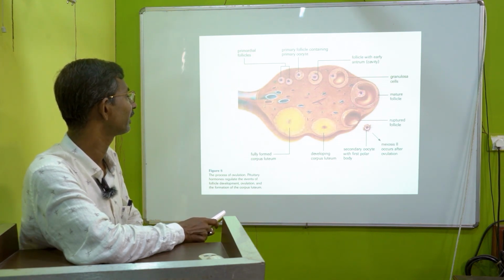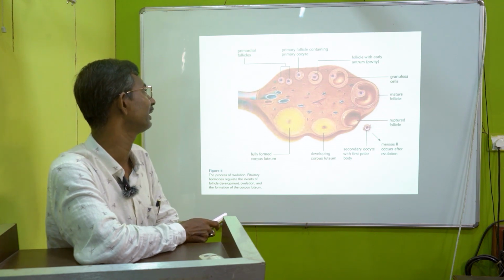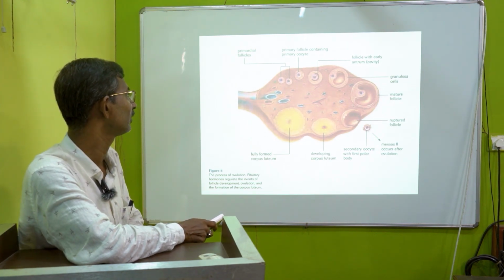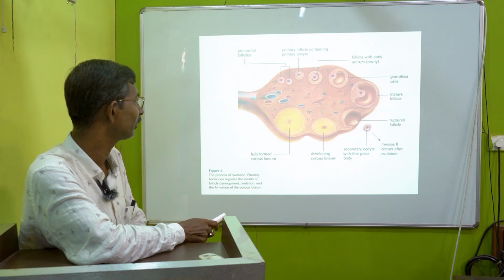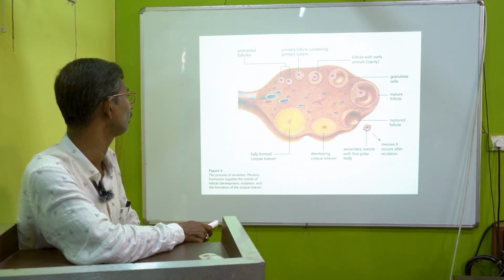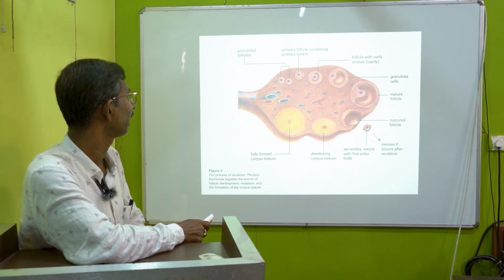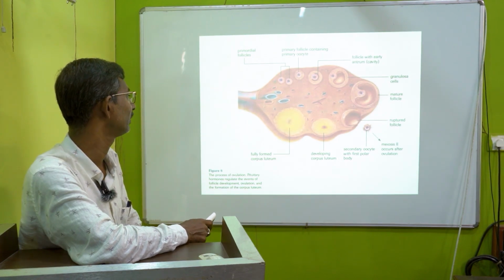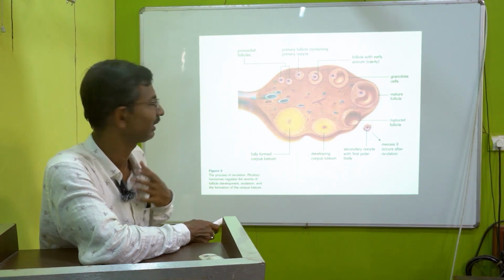There is rupture of the mature follicle at day 14, and after the rupture the follicle transforms, developing into the corpus luteum. At the end of the menstrual cycle, this corpus luteum is transformed into the atretic follicle.